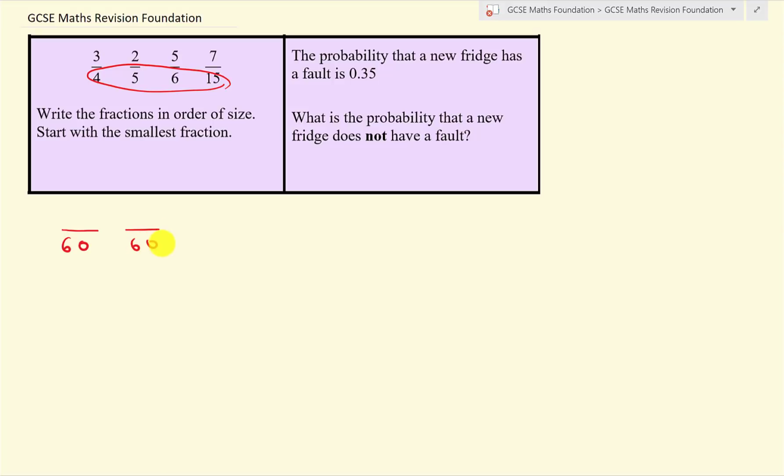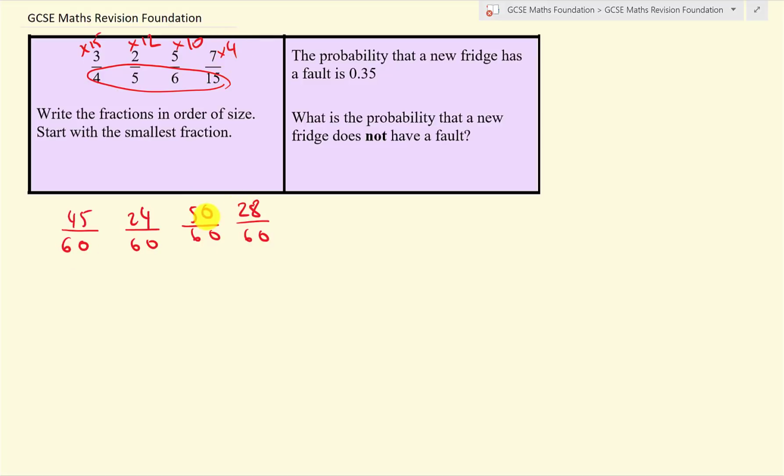So write 60, 4 fractions with 60. 4 times 15 is 60, so 15 times 3, so I have to times it by 15. So that gives us 45. 5 times 12 is 60, so 12 times 2 is 24. 6 times 10 is 60, so that's 5 times 10 is 50. 15 times 4 is 60, 7 times 4 is 28.